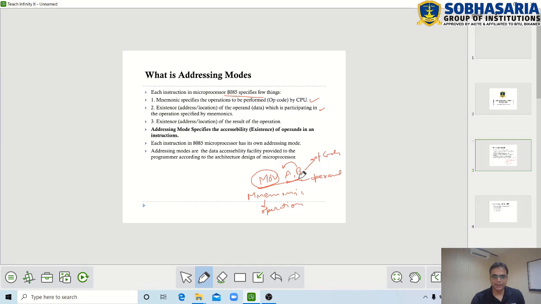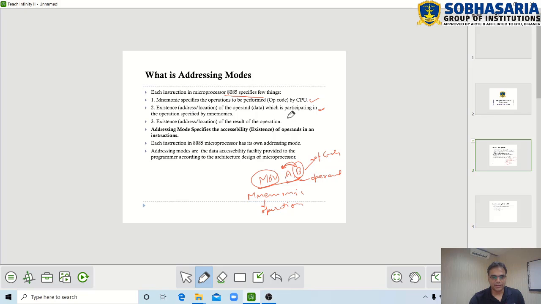Here you can see there are two operands, A and B. In this case the data inside the B register is transferred into the A register, right? So where does our data exist? It exists in a general purpose register, the B register, right? So this instruction is also specifying where the data is available.